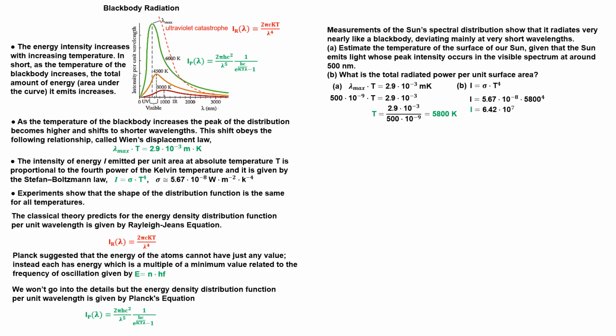The enormous value found in part B is the intensity at the surface of the Sun. When this radiated energy reaches the Earth, the intensity has decreased, but it is still impressive.